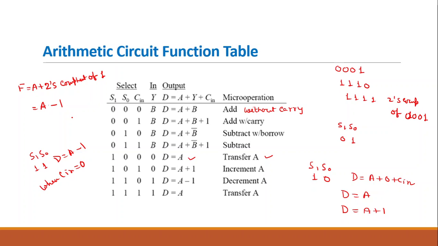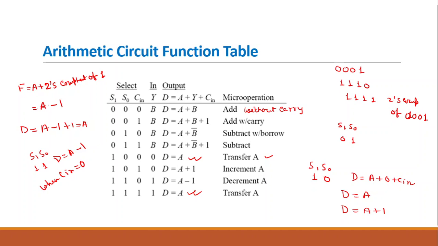When Cin equals 1, it performs D equal to A minus 1 plus 1 equal to A, which causes a direct transfer from A to the output D. So the operation D equal to A occurs twice: once with selection lines 1, 0 and carry in 0, and in the other case with selection lines 1, 1 and carry 1.